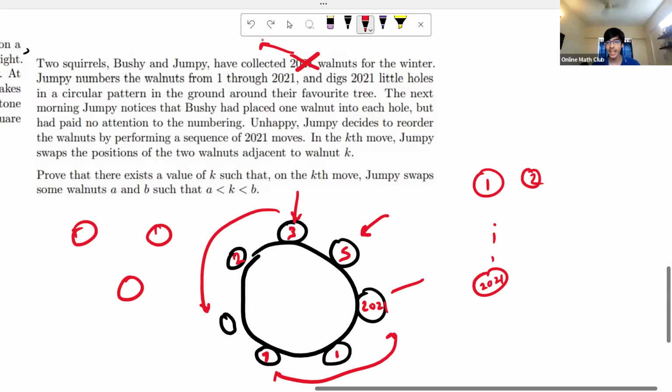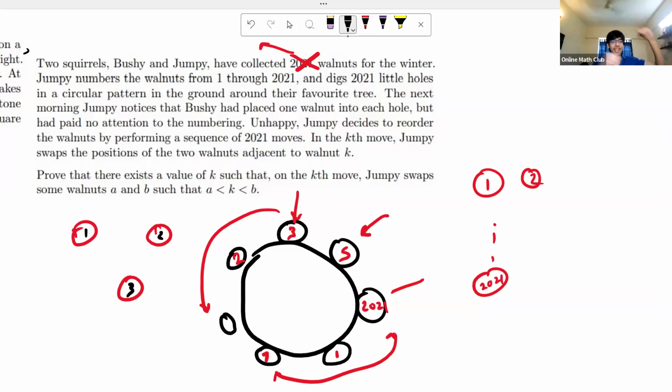So anyway, we can try to use contradiction. That's interesting. So at every point, assume that either both are bigger or both are smaller. But even before that, let's figure out what happens when n is 3 or n is 4. So let's say we have 1, 2, 3. Also notice that here there is no real concept of a permutation.